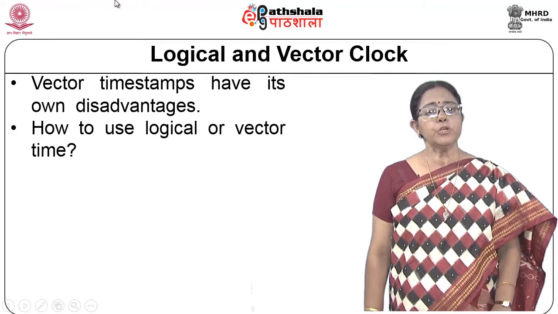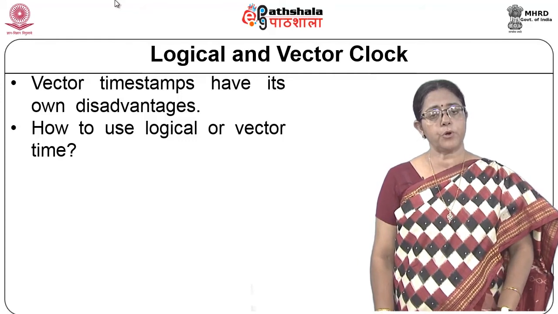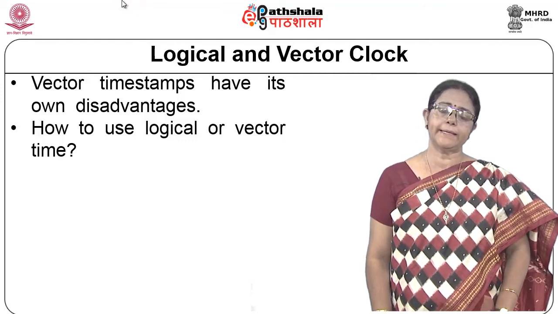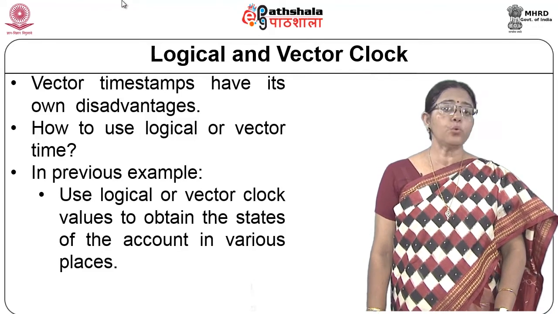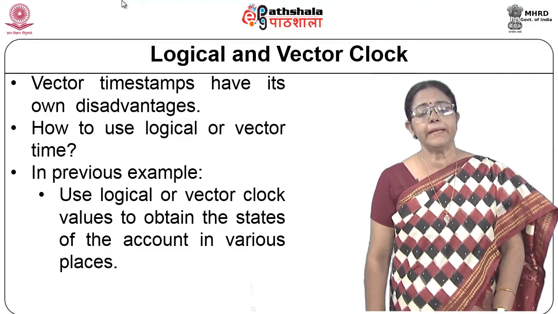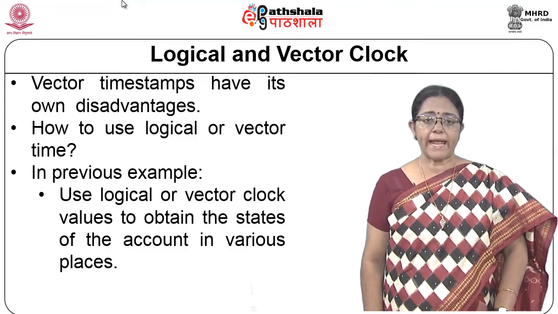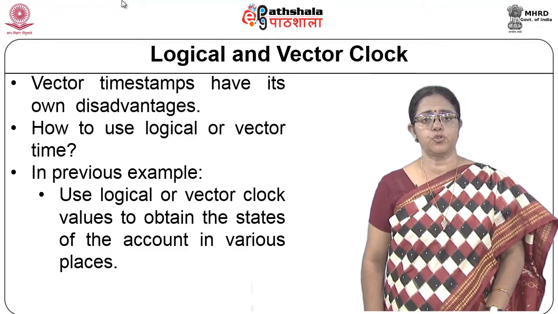Now, how do we use these clock values with respect to the problems that we defined right at the beginning? If we take this example, we can easily use the clock values to determine the points where the state of the account should be noted.